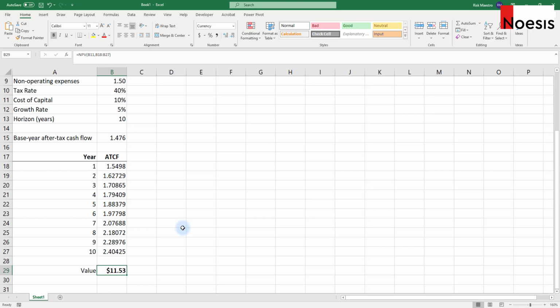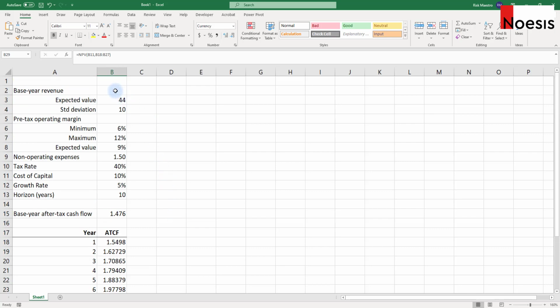We don't know whether it's skewed to the right or skewed to the left. And we cannot assess things like the probability that the store value will be negative, or the probability that the store value could be more than 30 million. So we can't assess that kind of risk without doing a simulation, which is what we're going to do next.